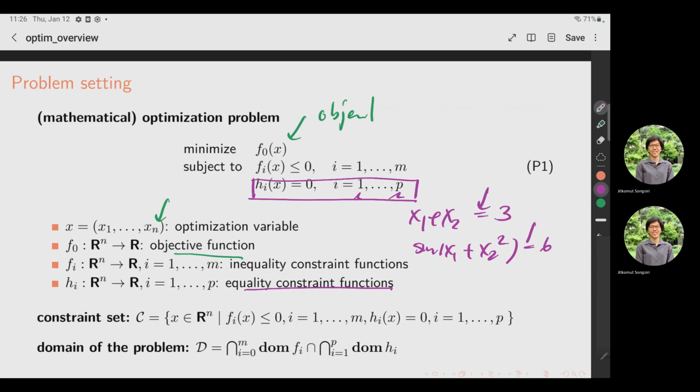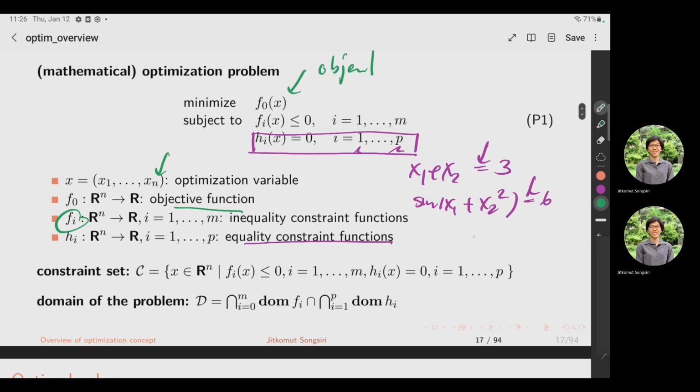Question? You have a question? Fi is called the inequality constraint function, where everything is expressed in inequality form. For example, e to the x1 plus 2x2 less than 5 and greater than 3.